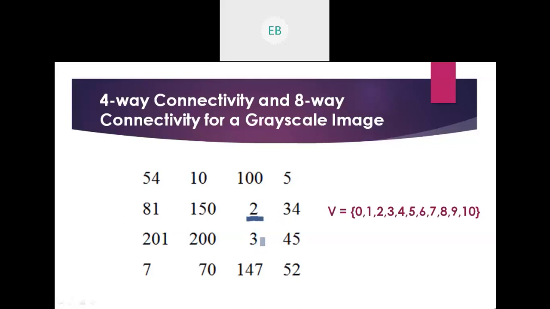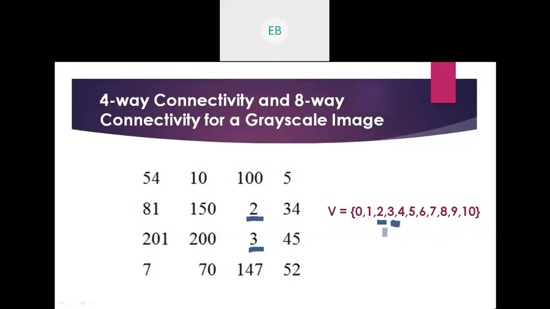Then let me take a vertical neighbor of this pixel, say 3. What you can see here is that 2 belongs to this V set, and 3 also belongs to this V set.